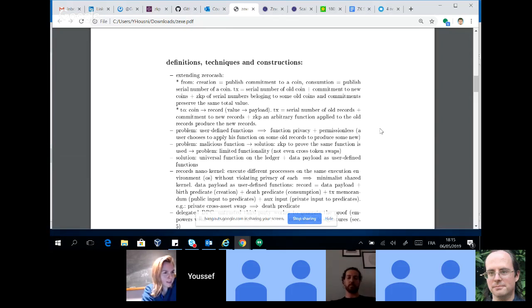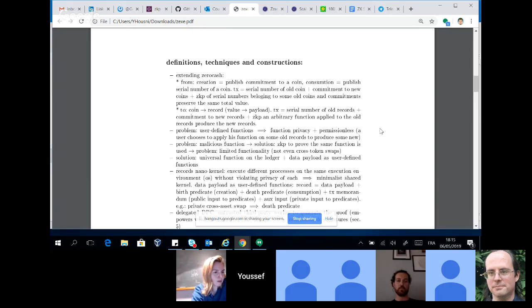But in order to execute different processes on the same ledger, on the same execution environment, we need to share some. Once again, ZEXE language: a record nanokernel, which is a minimalist shared execution environment that allows executing different processes without violating the privacy of each.